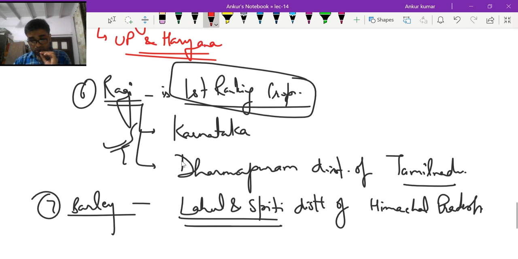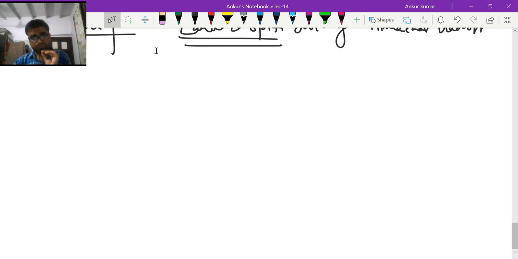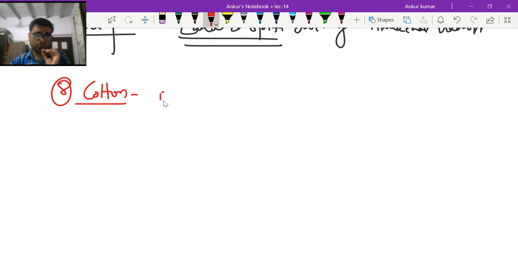Okay, but along with barley, the other crops are also grown in combination. This is the seventh region. Moving on to the eighth region, that is the cotton. The regions where cotton is first ranking crop.